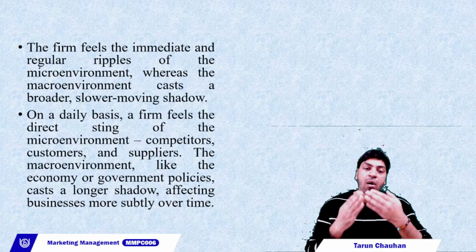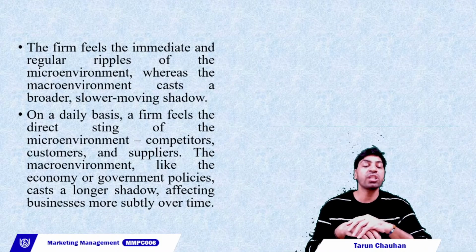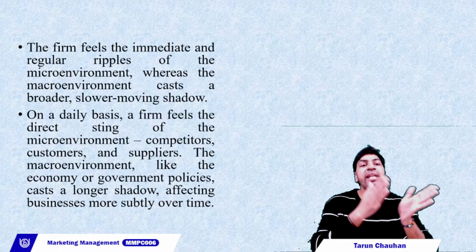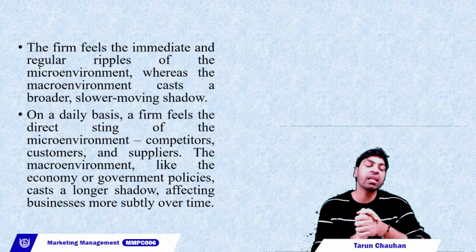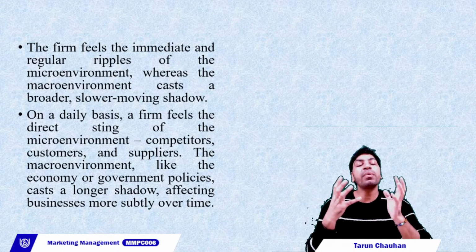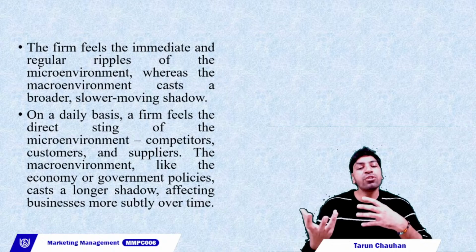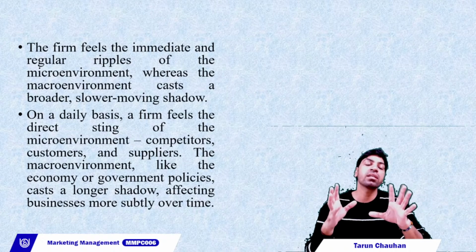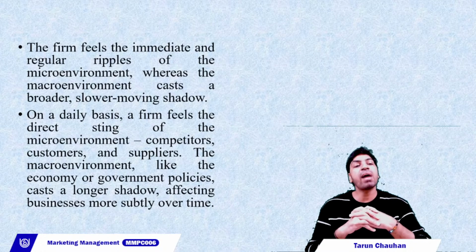That's why it takes many years to change. If any new taxation rule is introduced by the government of India, how the companies would adapt to such rules will take many years, and that's one of the differences between the macro and the micro environment.